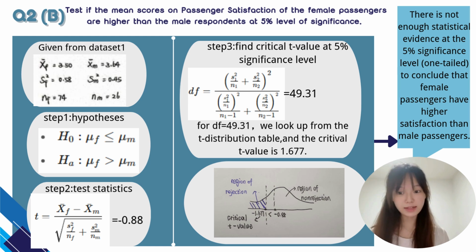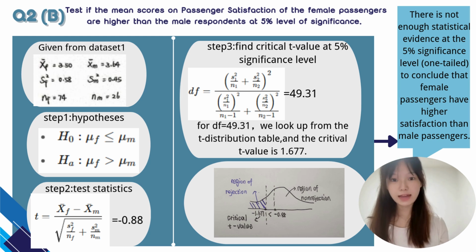And after we found the degree of freedom, we look up the t-distribution table and we found the critical t-value is 1.67. Next, as the diagram shown below, we found that the calculated t-value is larger than the critical t-value and the calculated value is in the region of non-rejection.